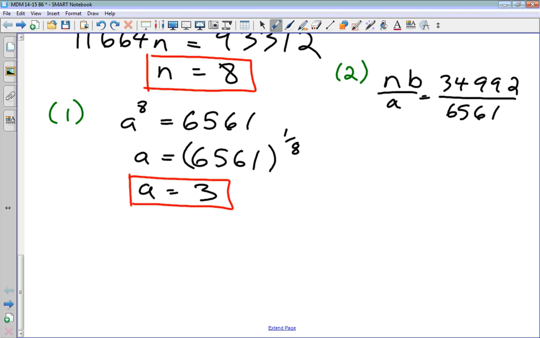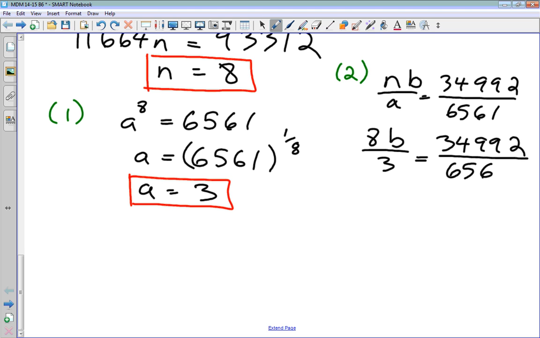Well, we know what the values of n and a are, so let's put those in. We're going to have 8b over 3 is equal to these big numbers. We can solve this for b, and we end up with b is equal to 2. So that's what we're asked for in the question, the values of n, a, and b.